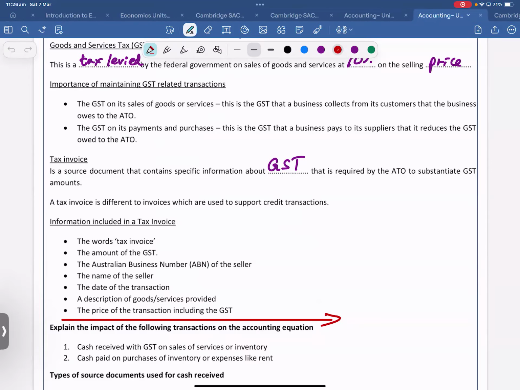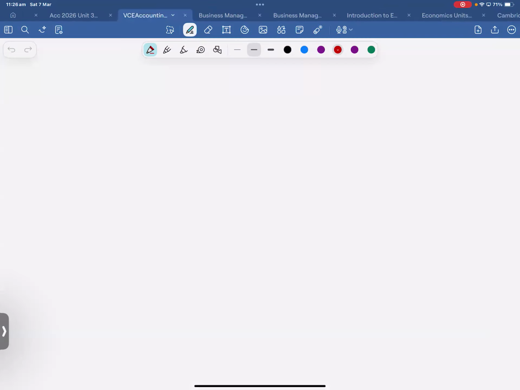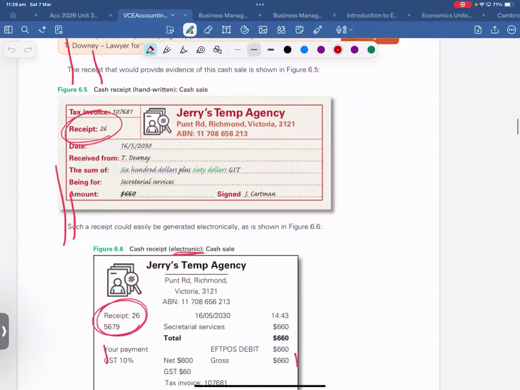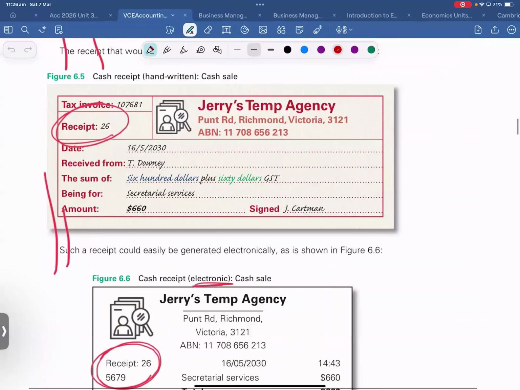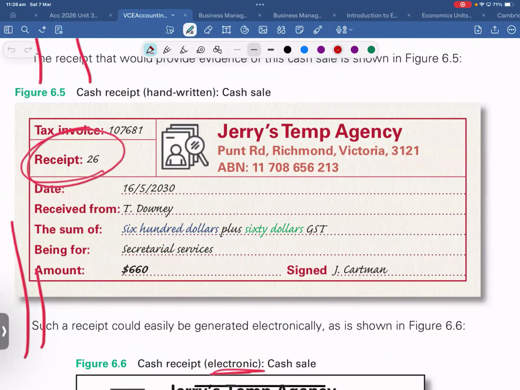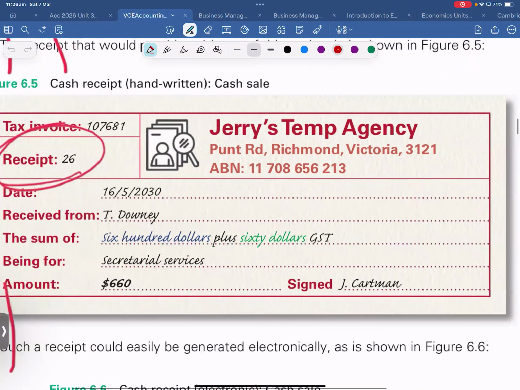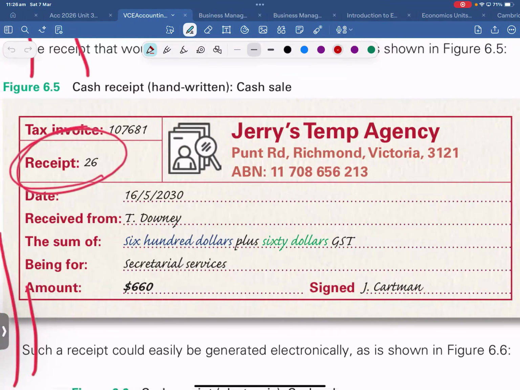So tax invoice, what I showed you, right? Now see, this is a tax invoice. Why? Mainly tax invoice means any source document that includes GST. You think this one has GST? Yes. Look at this. $60 of GST, right? Does it have to include everything, like the information?